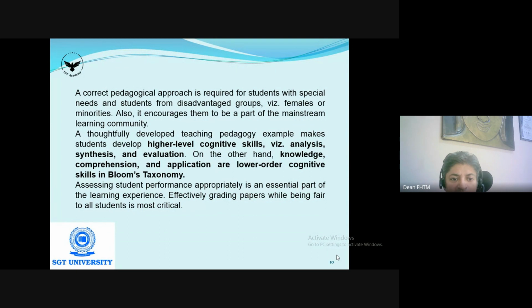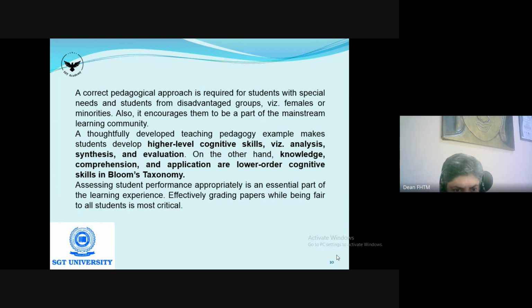If your pedagogy is well developed and suitable, it will make students develop higher order cognitive skills like analyzing, synthesizing, evaluation. On the other hand, if your pedagogy is not strong, the focus would be on memorizing, remembering, and understanding and application, which are the lower order skills as per Bloom's taxonomy. I will be discussing this in the coming slides.